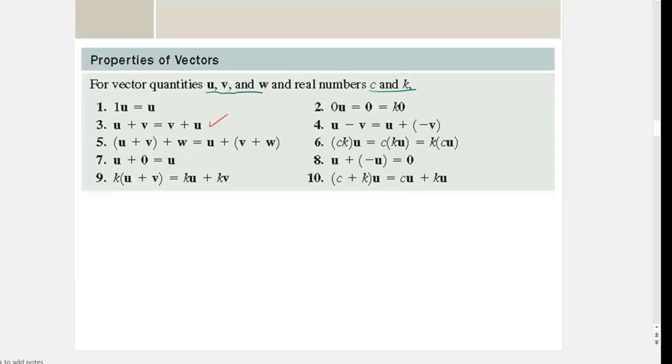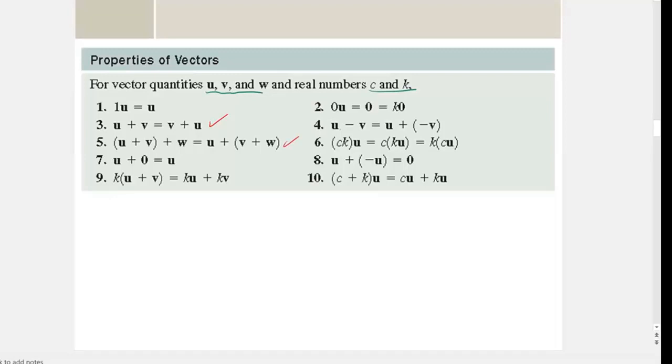This we already talked about, this is commutative. Now notice here, we're saying that when we subtract two vectors, it's the same as adding a negative vector. That's going to be important when we talk about doing something geometrically, not necessarily if we're doing it algebraically. This we already talked about, that's the associative property.